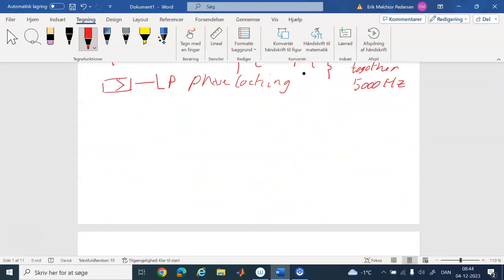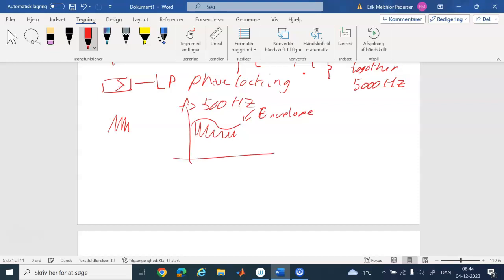For small frequencies you can have all the frequencies here, and for more than 500 hertz or so, you have the envelope structure. Here we have fine structure, envelope, and fine structure. And here we have the time and pressure.